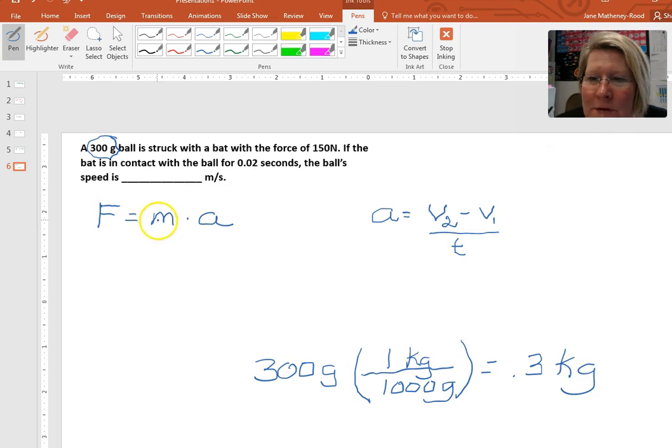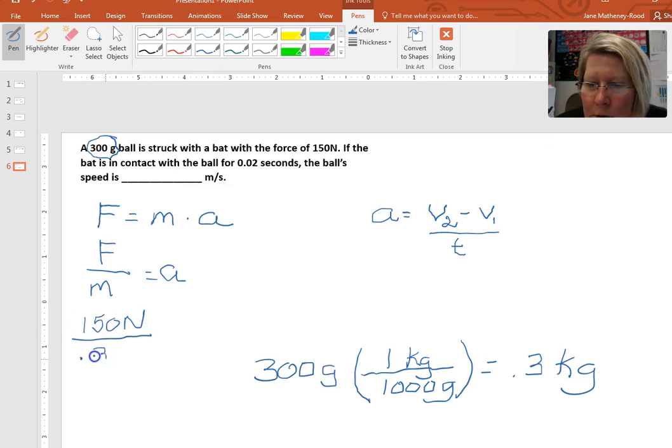We're already given the force and the mass. I like to rearrange my equation first, so force divided by mass is equal to acceleration. 150 newtons divided by 0.3 kilograms gives us an acceleration of 500 meters per second squared.